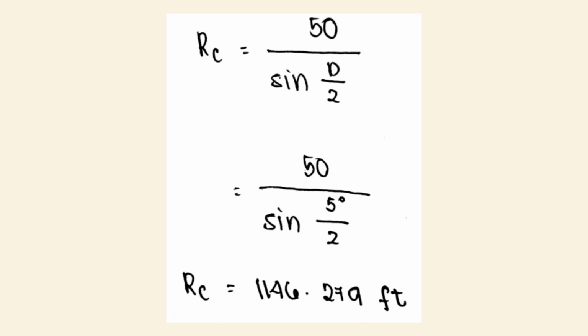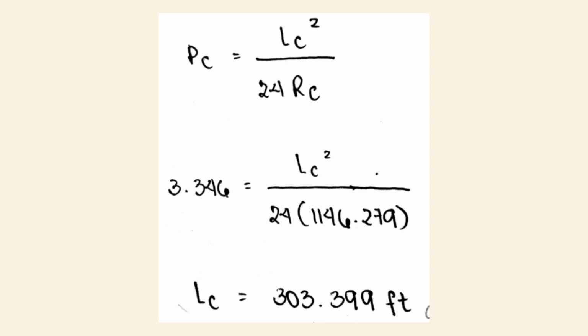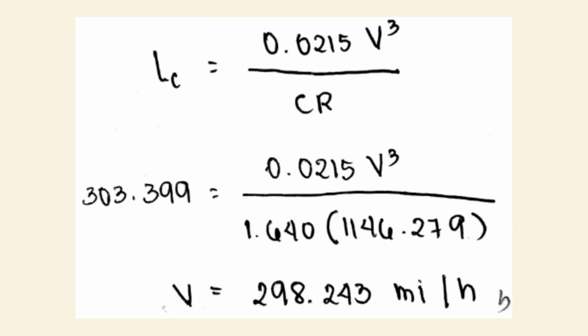So we have 50 over sine 5 degrees over 2, resulting in our radius being 1146.279 feet. The required length would now be computed as P is equal to L squared over 24R. Substituting values and solving the equation, the required length now would be 303.399 feet.